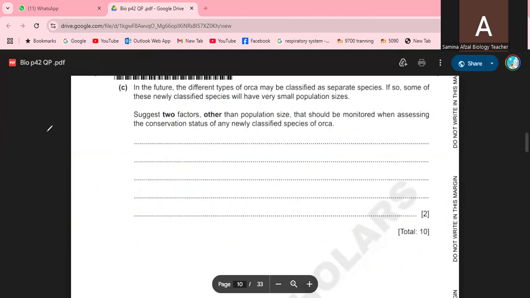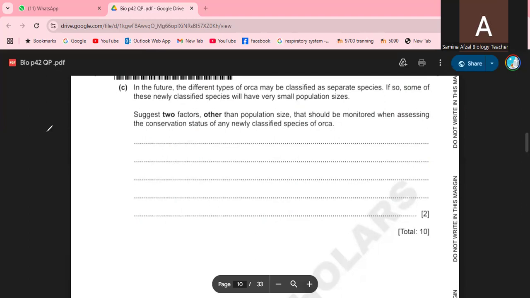So suggest two factors other than population size that should be monitored when assessing the conservation status of any newly classified species of orca.